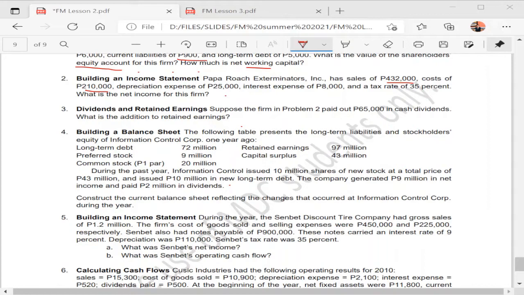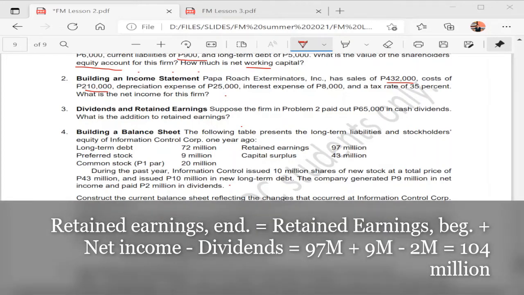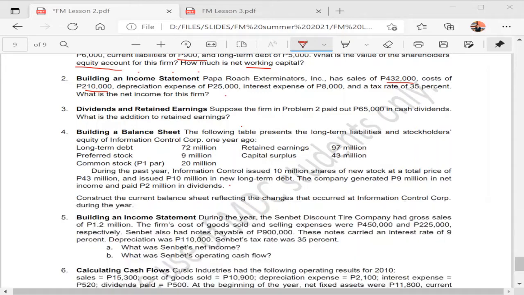But the bottom line is you deduct it from the retained earnings. So you charge it against the retained earnings. So how much is the retained earnings given that explanation? That's 97 million plus 9 million minus 2 million. Therefore, the total retained earnings is 104 million. Okay, very good.